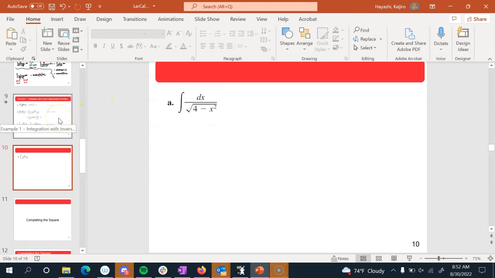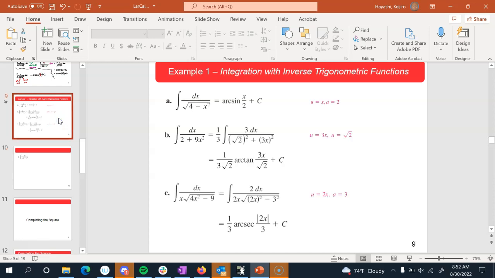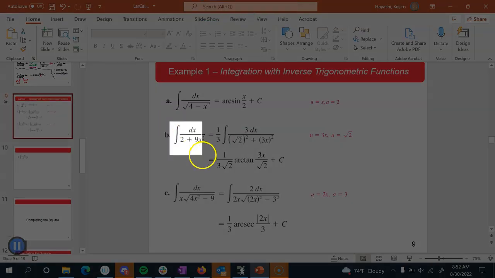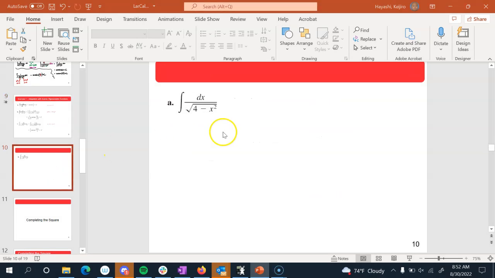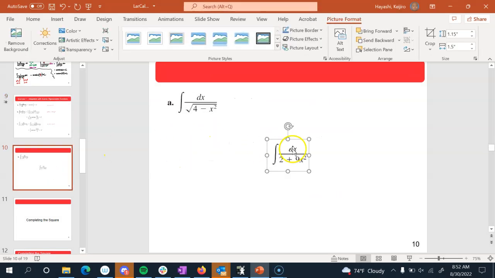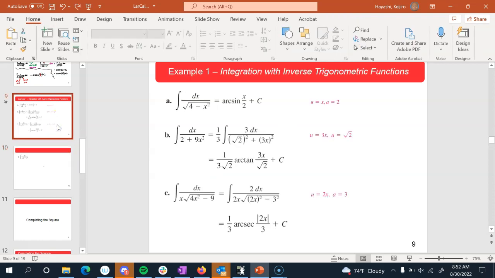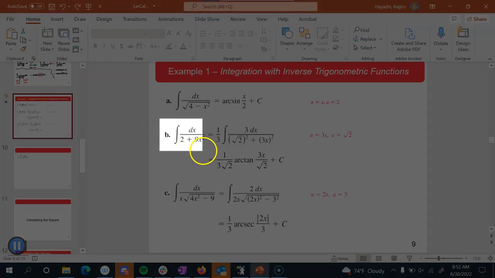Okay, so dx over the square root of 4 minus x squared, and let me just grab the others as well. Okay, I probably should have grabbed the letter that indicates it too.